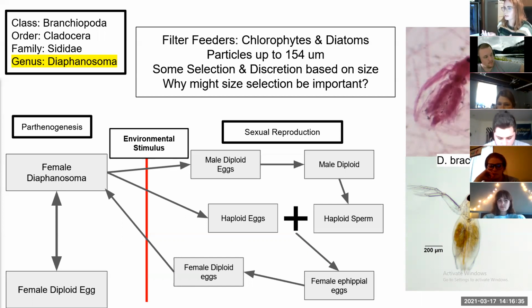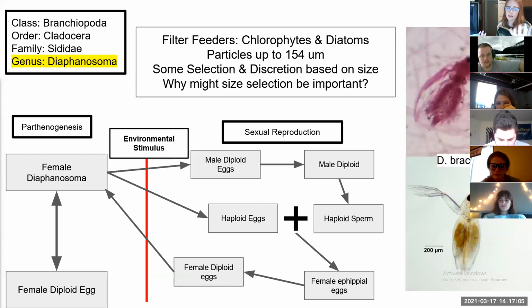Does that make sense? And I'm using a little bit of anthropomorphizing here to make it a little bit more digestible. Like the Diphanosoma is not making a conscious decision, right? But it is receiving some sort of stimulus that is hinting at the plasticity. So the way it's turning on and turning off genes for it to then produce male diploid eggs, which will produce male diploids who produce haploid sperm.